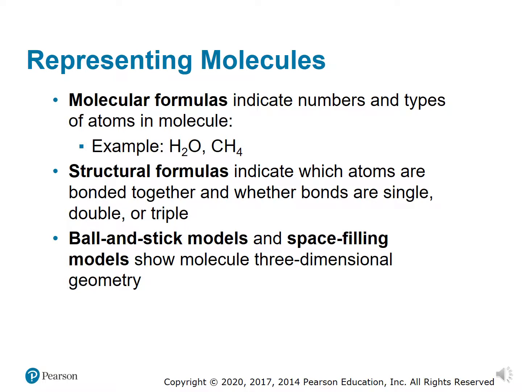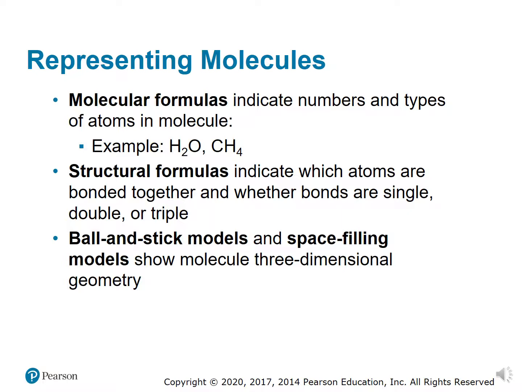Okay, now, it is important to know that we can represent molecules in different ways. One way of doing it is a molecular formula. H2O means 2 hydrogens and an oxygen, and you guys know that it forms water. Methane is CH4, 1 carbon and 4 hydrogens.